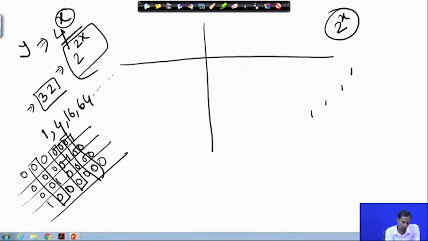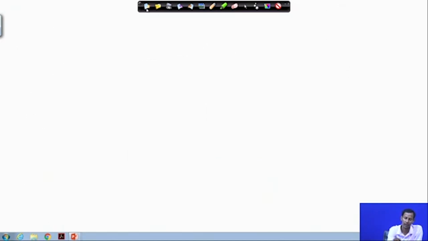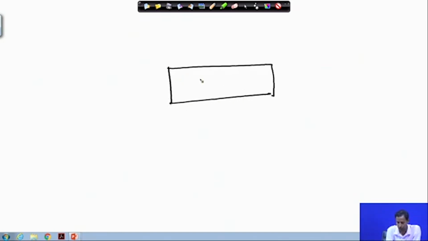That means the alternate positions are filled with all zeros for 4 to the power x. So, now from the 2 to the power x circuit, I can easily implement the 4 to the power x function by putting something like this.